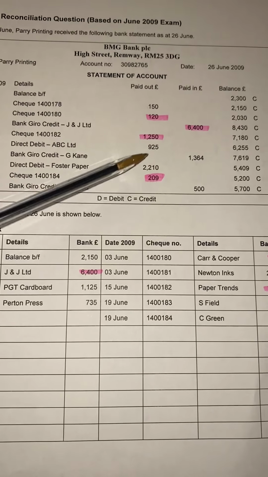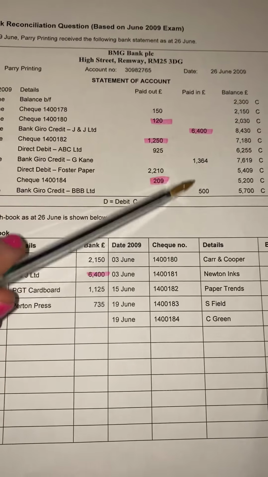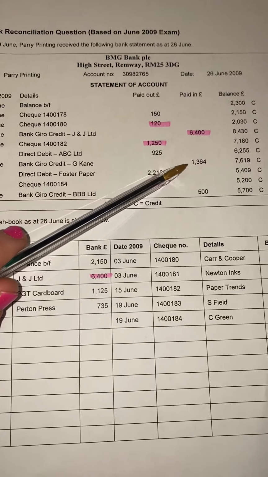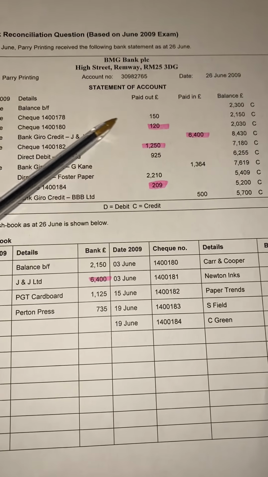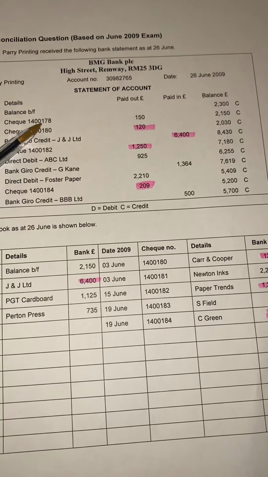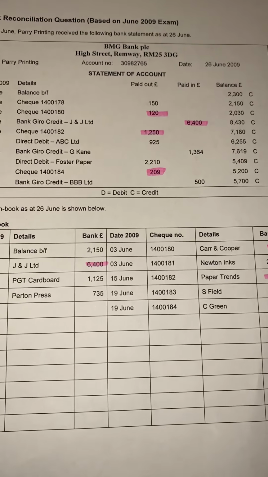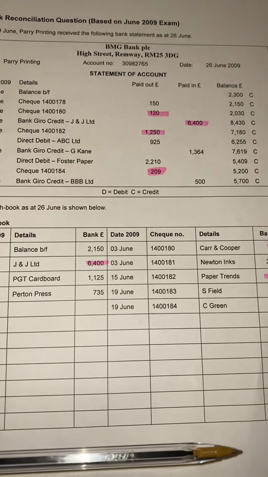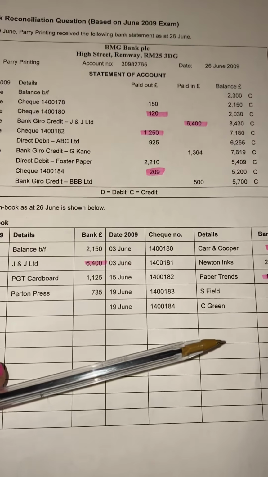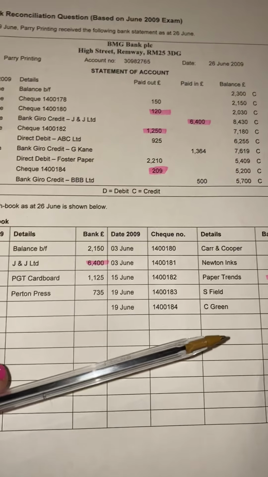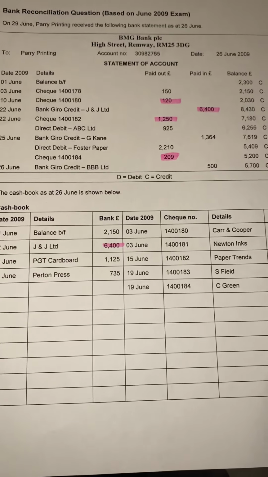So a 925 and a 2210. And I need to add 2 things into the being paid in, the 1364 and the 500. The 150 is going to be ignored as the check is before the ones we're dealing with. If you did put that 178 check number in for the £150, you would find your bank reconciliation is out by £150. Okay, so hopefully it would draw you back to that check.